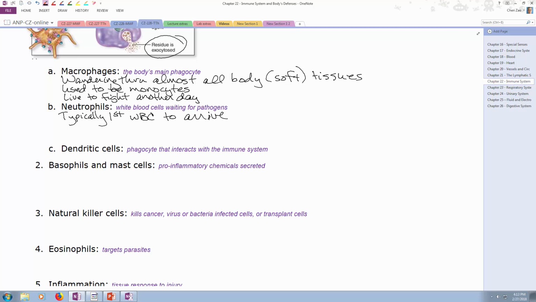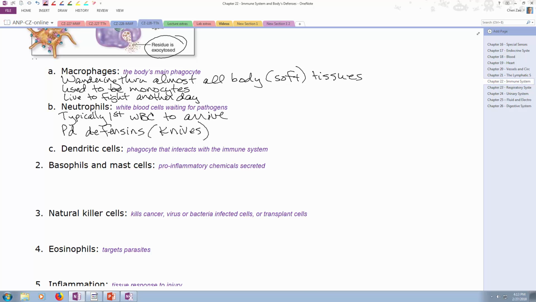These guys are interesting because they produce defensins also. And defensins to me are like knives. You can use a knife on just about any sort of pathogen. So they have their little defensin knives and they're going around poking holes in the pathogen, and that's how defensins actually work.